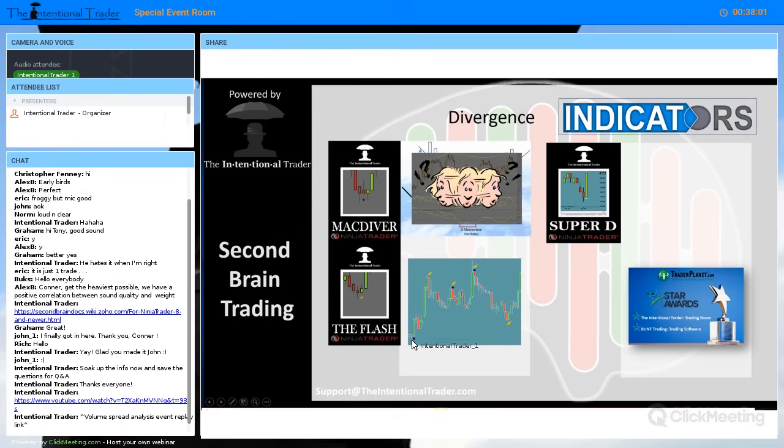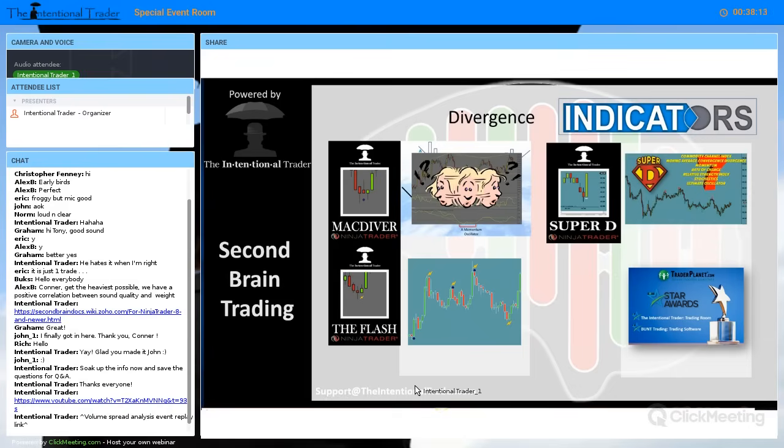This is our McDiver indicator. We're using the same algorithm, just different momentum oscillators. Well, those work so good, we came up with the Super D. We used those two oscillators and then five more. So we've got seven different momentum oscillators using the same algorithm to determine divergence.